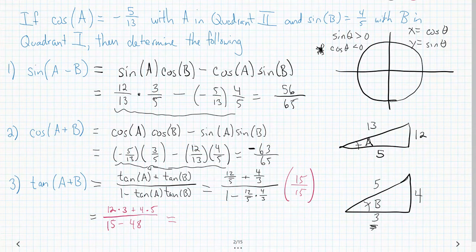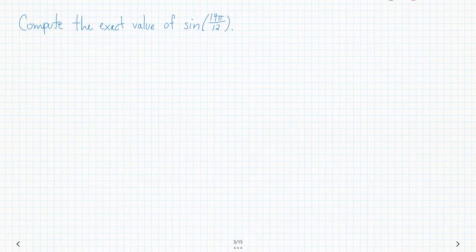So that means we have 36 plus 20 is 56 over, what is that, negative 33, I believe. And that would be your final answer. Once again, any questions, please let me know. But since I don't see any thus far, we'll keep on moving along.